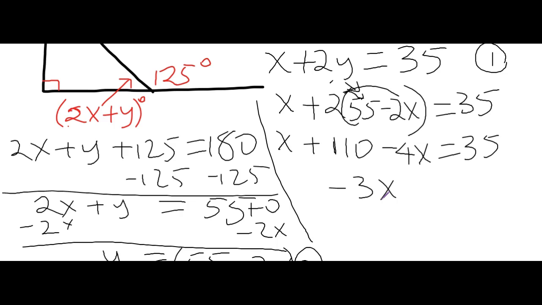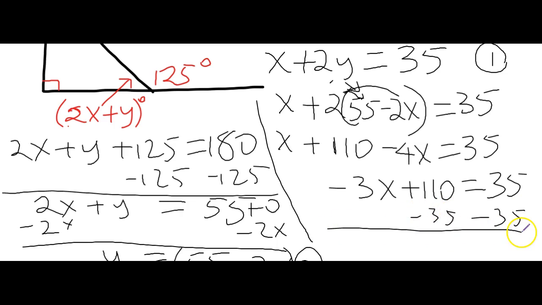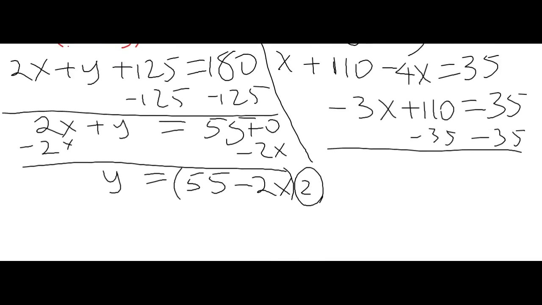And then we'll still have plus 110 equals 35. We subtract 35 from both sides. Then this one will give us 75. We still have negative 3x plus 75 equals 0.